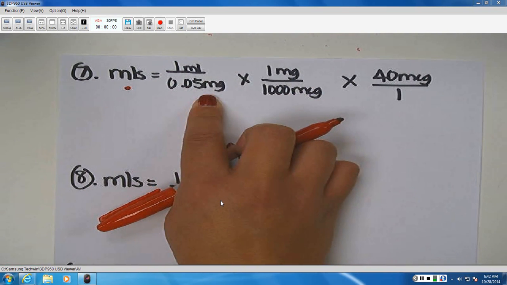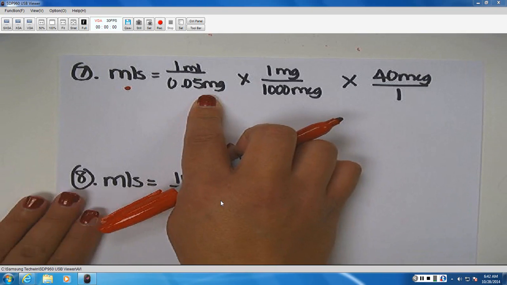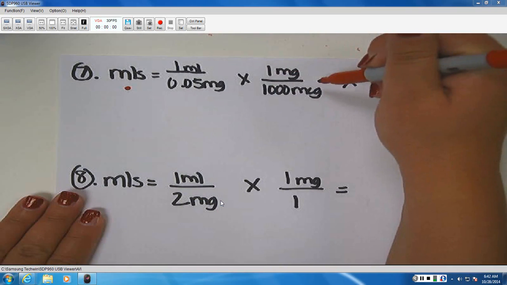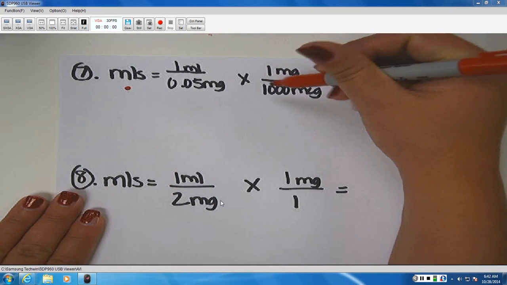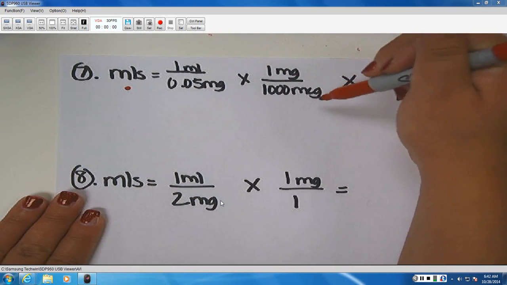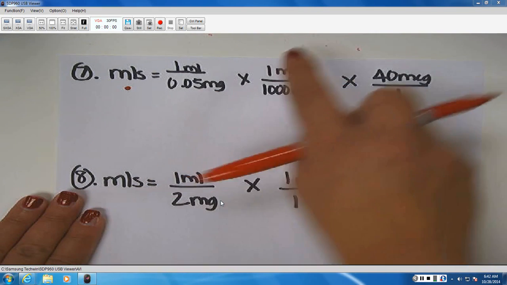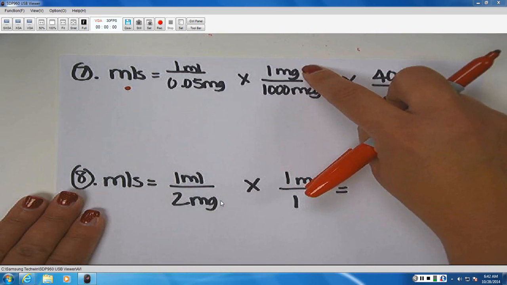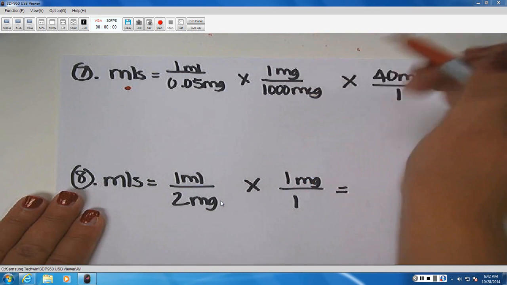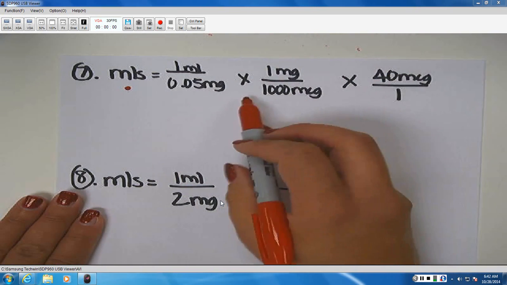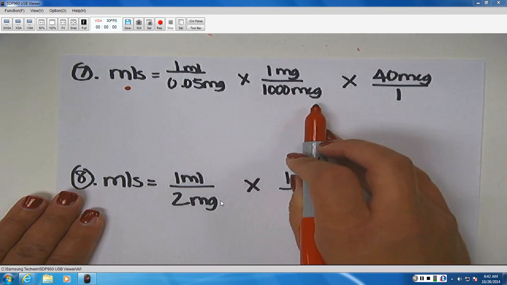Now again, the physician has ordered this in micrograms, and we have milligrams on hand. So I know that 1 milligram is equal to 1,000 micrograms. Since I had milligrams here, I want to make sure that I put my milligrams for the numerator on this fraction setup. So 1 milligram is the same as 1,000 micrograms.